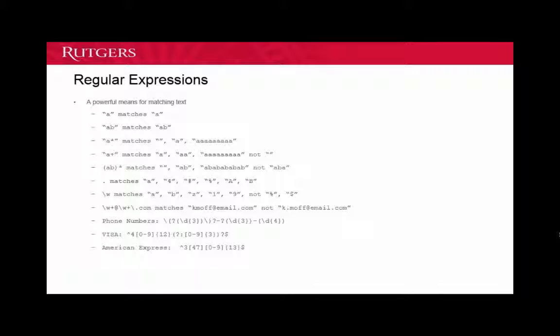Any text miner, text analyst, or whatever you call us, anyone worth their salt knows how to use these, right? So another special character is the square brackets, which means or. So this would match a, b, or c, okay?